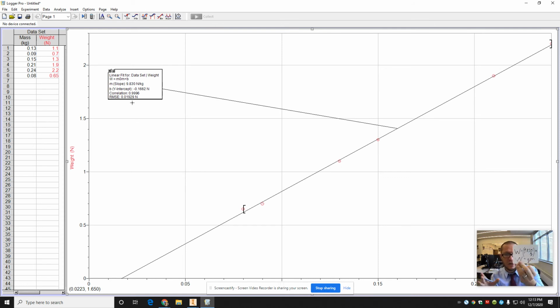There's no write-up for this lab, by the way. It's just fill in the blanks. However, the way we usually write this is Fg equals mg, where Fg is the force of gravity on an object, the force of the Earth on an object.